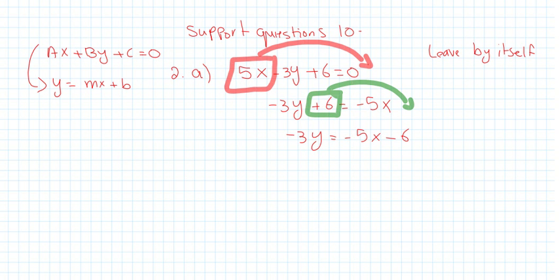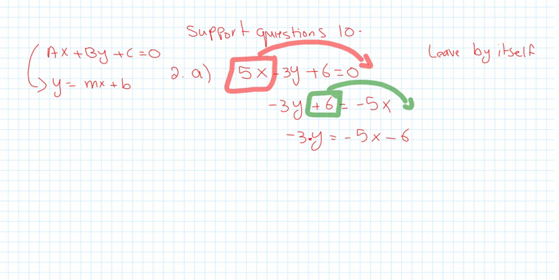Now I'm left with negative 3y. What is the operation between the negative 3 and the y? Multiplication, right? There is an invisible multiplication that we don't usually write. What's the opposite of multiplication if I want to get rid of that negative 3? Division.